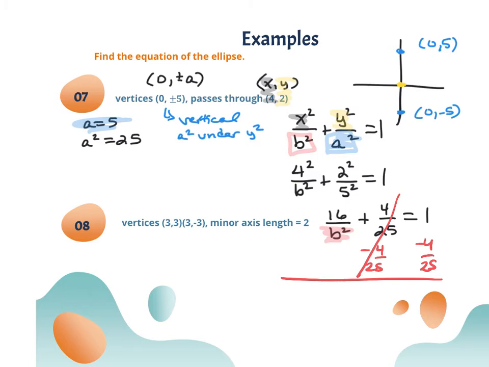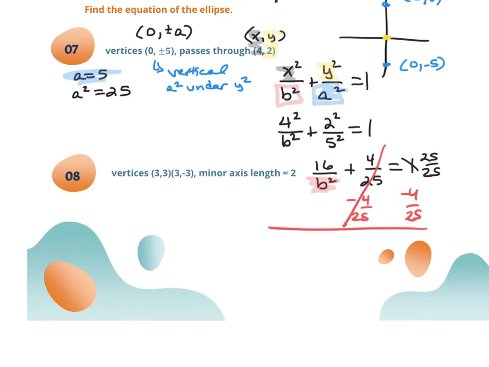In order to subtract 1 minus 4 over 25, I'm going to change this whole number 1 and make it 25 over 25. So now I have a common denominator. So now I get 16 over b squared equals 25 minus 4 is 21 over 25.